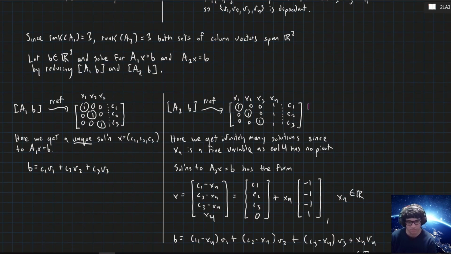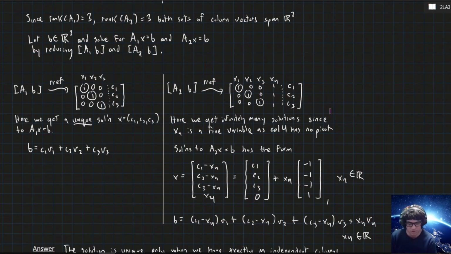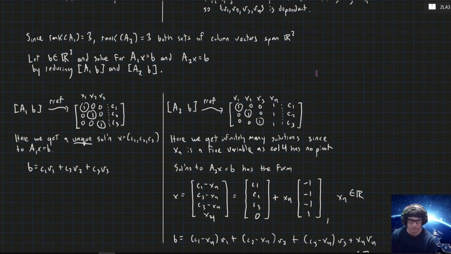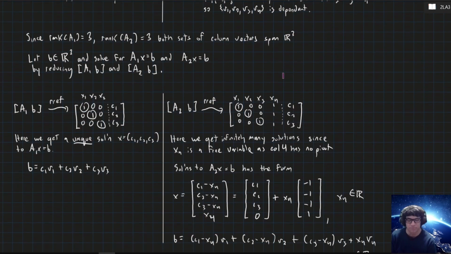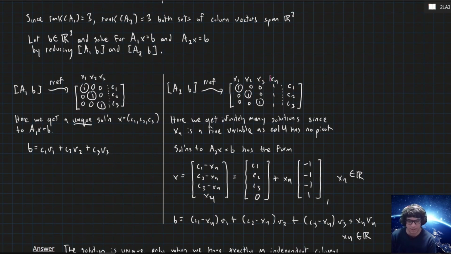We put this into reduced row echelon form, and the first 3 columns are independent, so we get a pivot for each one of those. But for x4, there's not enough room to give it a pivot. Since v4 is dependent on the first 3 vectors, x4 is going to be a free variable here.